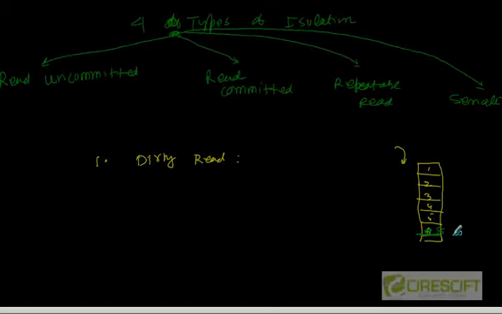This is an updated value that has not been committed, and we do not know if that person is going to commit or roll back. If we read the new value, then we are reading dirty data. That is what dirty read means. Number two is non-repeatable read.